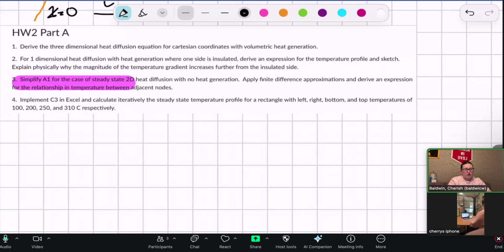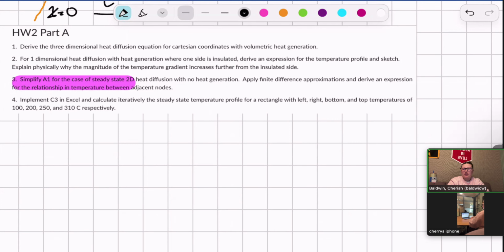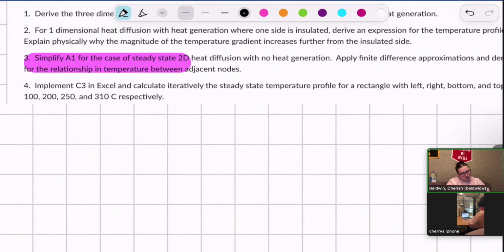This part I'm going to simplify the 1D energy or heat flow equation to a 2D heat diffusion. So for heat energy, we'll start with the energy balance.